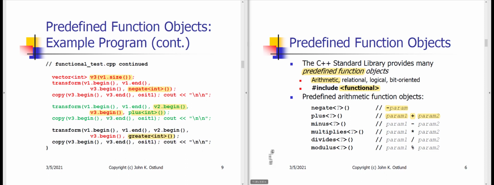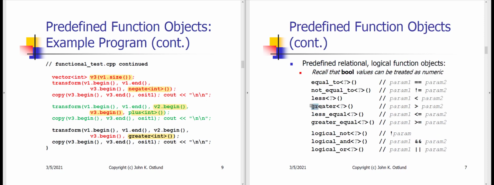This final example, the black example of transform, is using greater as our functional. The idea here is that we take each value from the first container, V1, one at a time. We test whether that element is greater than the corresponding element in V2.